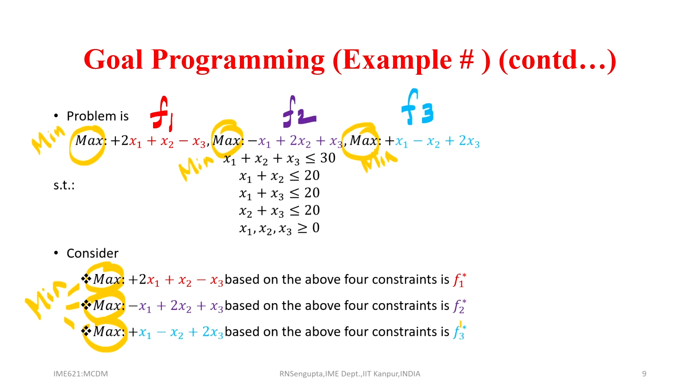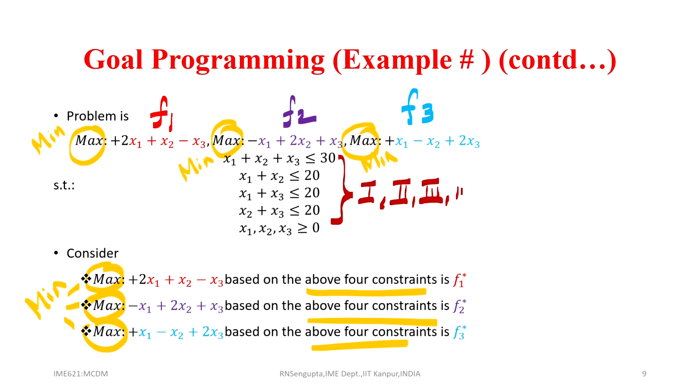And we consider the 4 sets of constraints. What are these? They are already there. The 4 sets are technically these: 1, 2, 3, 4, and the last one, related to x1, x2, x3 being greater than 0, is true because they are all positive.